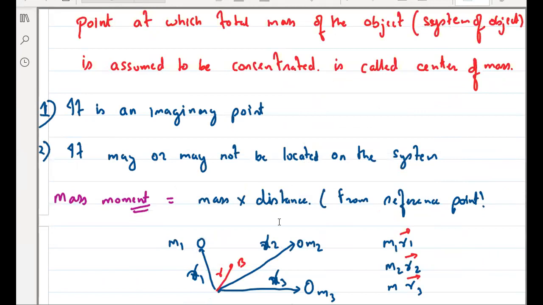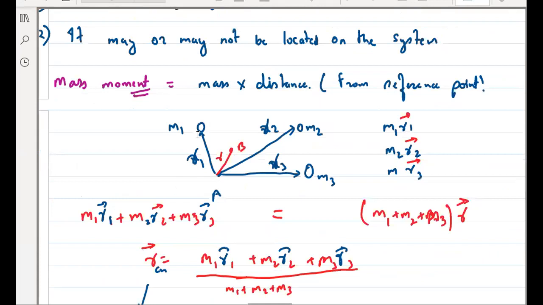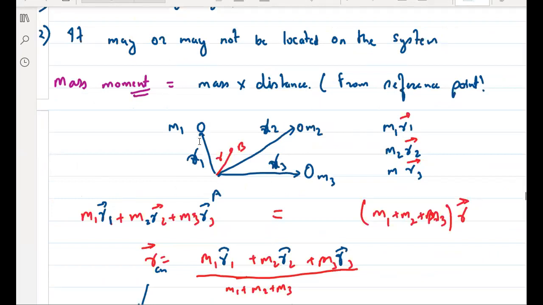I've discussed that if we have masses m1, m2, m3 at distances r1, r2, r3, where r1, r2, r3 are the position vectors with respect to the reference point, then the mass moments would be m1 r1, m2 r2, m3 r3. The total mass moment is m1 r1 plus m2 r2 plus m3 r3.